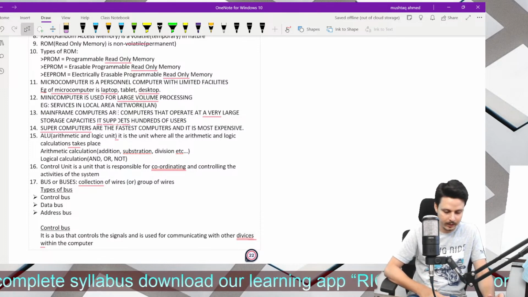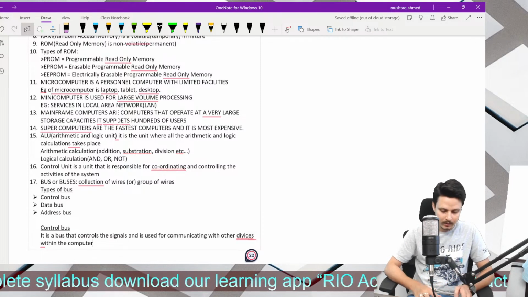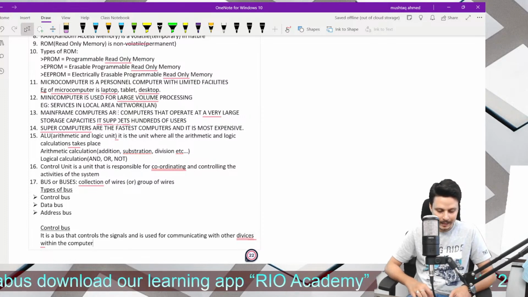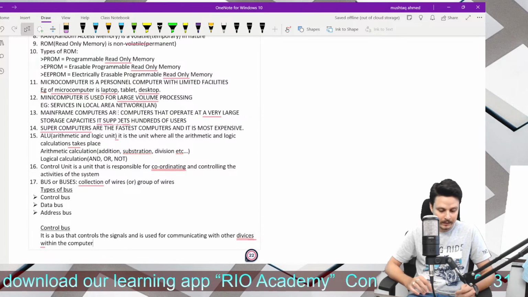The next one is data bus. Data bus means it carries the data bits.